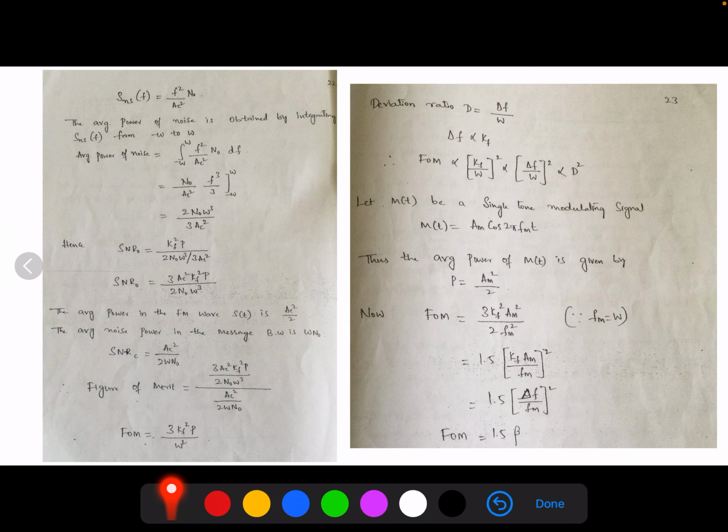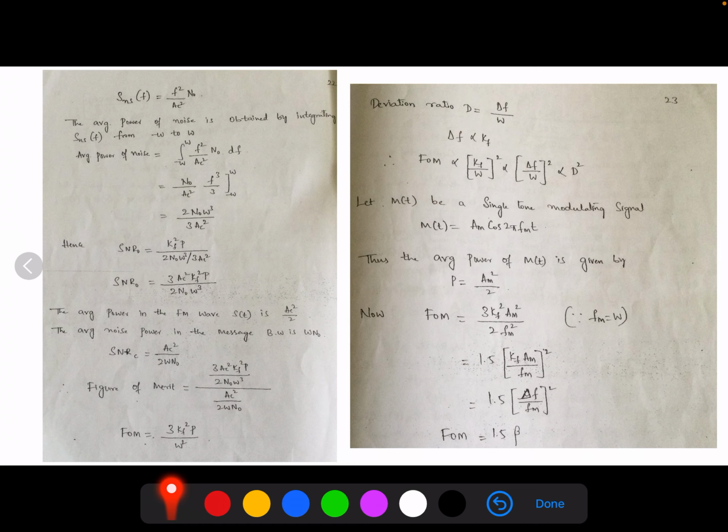So we may state that when the carrier to noise ratio is high, an increase in the transmission bandwidth BT provides a corresponding quadratic increase in the output signal to noise ratio, or you can also say the figure of merit of FM.